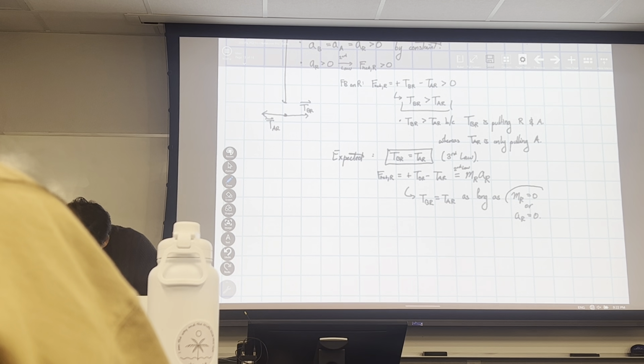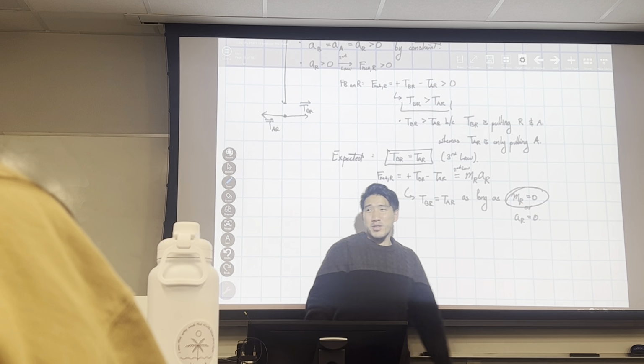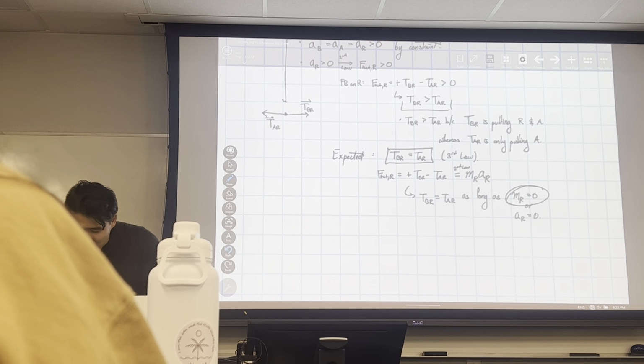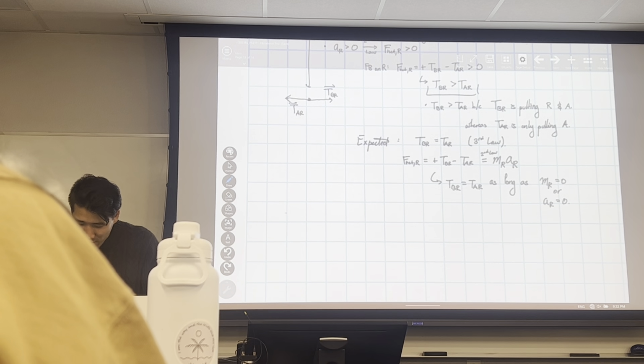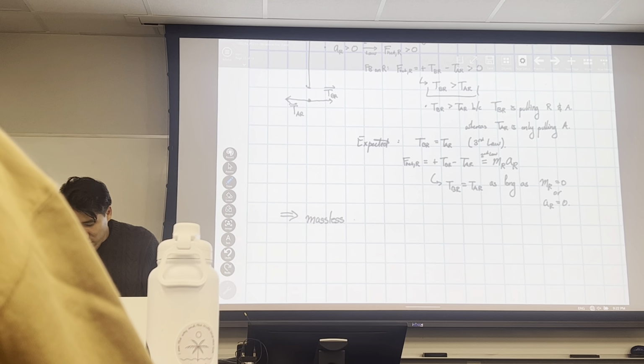Therefore, right here, mass of the rope is going to equal 0. We use this as an approximation. So we use what is called the massless rope approximation.